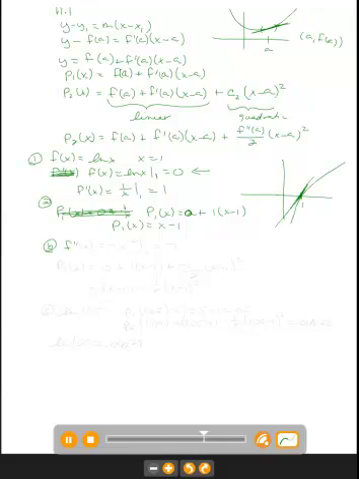We now need a second derivative. The first derivative is x to the negative 1, so this is negative x to the negative 2, and when you plug in 1, you get negative 1.